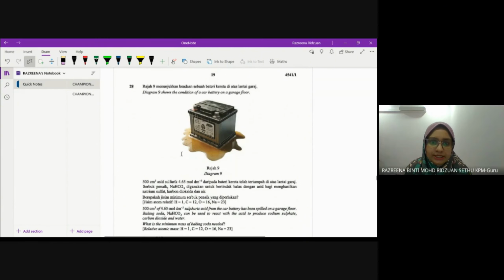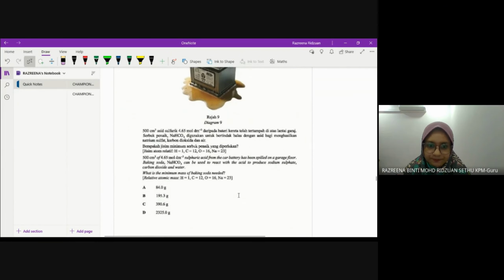Question 28. The diagram shows the condition of a car battery on a garage floor. 500 cm cube of 4.65 sulfuric acid from the car battery has been spilled. Baking soda can be used to react with the acid to produce sodium sulfate, carbon dioxide, and water. What is the minimum mass of baking soda needed?